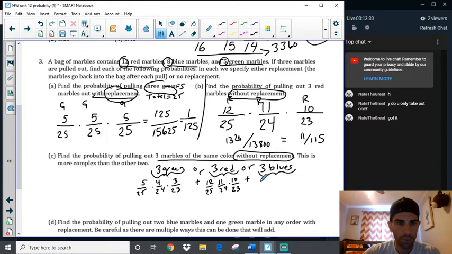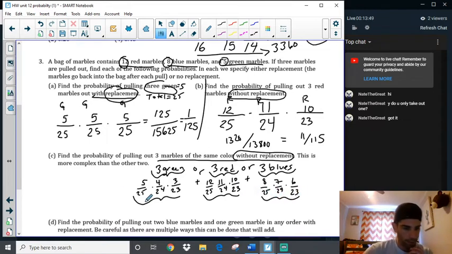Now blue, there are 8, so it would be 8 out of 25 times 7 out of 24 times 6 out of 23. Then you would find this answer, this answer, and this answer.